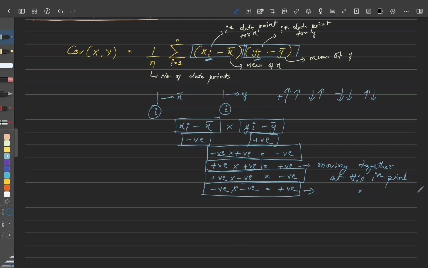Now, why are we summing this? We are summing to total across all data points.